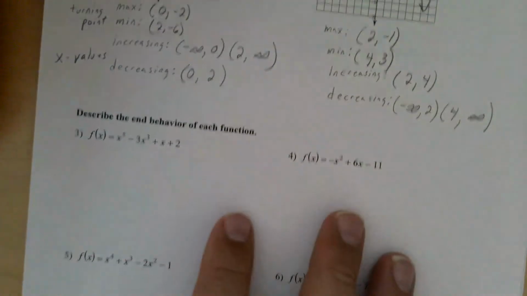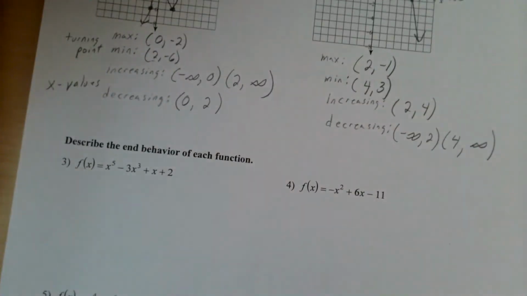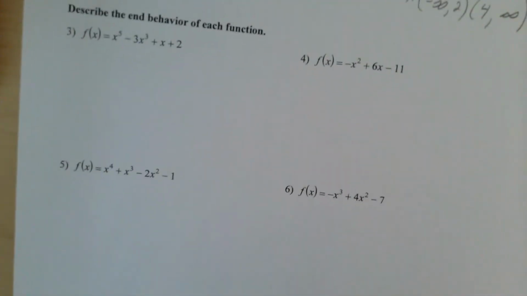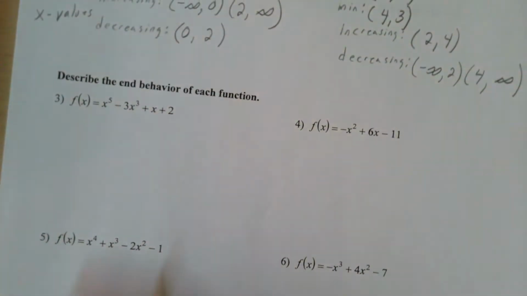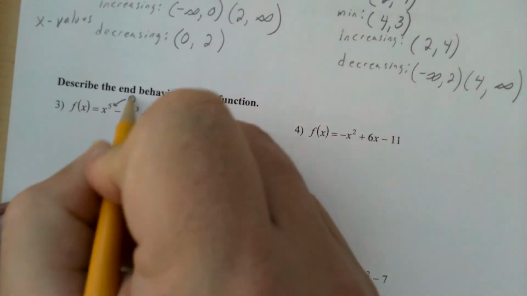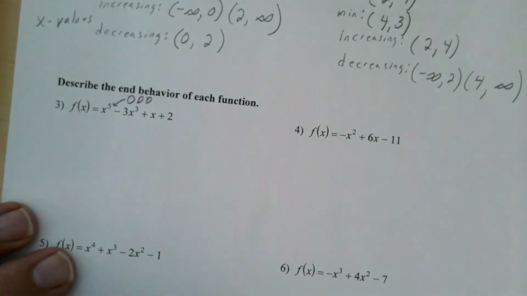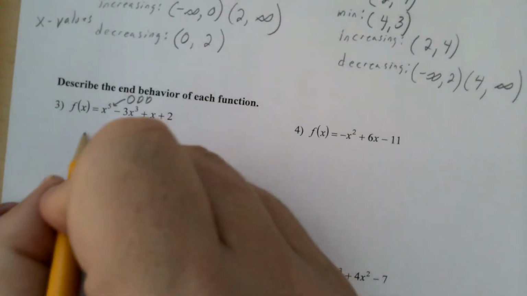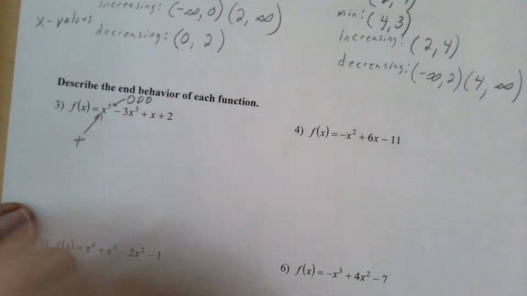This section shows all 4 cases of end behavior. So without actually graphing, we are going to just sketch the ends of these graphs. So all I'm concerned with is my largest exponent in this case is odd, and I have a positive number in front.